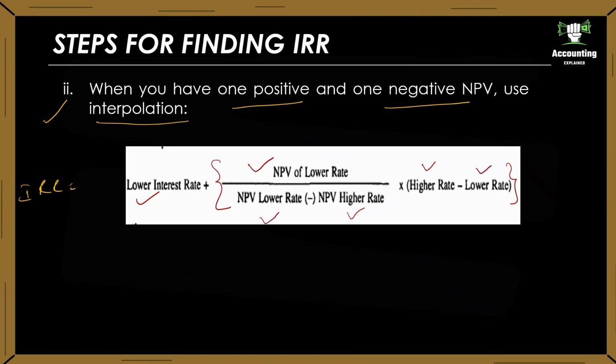So first you have to take the lower interest rate, addition plus. Then you have to take NPV of lower rate divided by NPV of lower rate again minus NPV of higher rate, that multiplied by higher interest rate minus lower interest rate. This is the formula for finding out the IRR after we have one positive and one negative NPV.